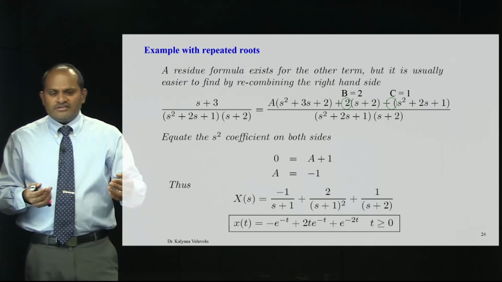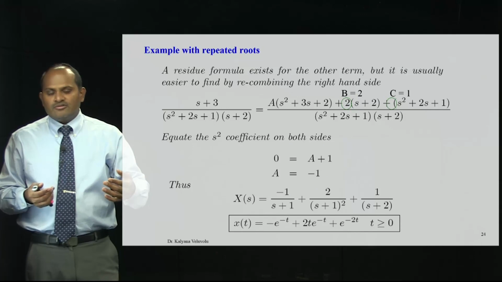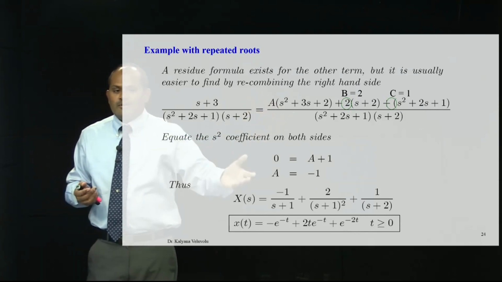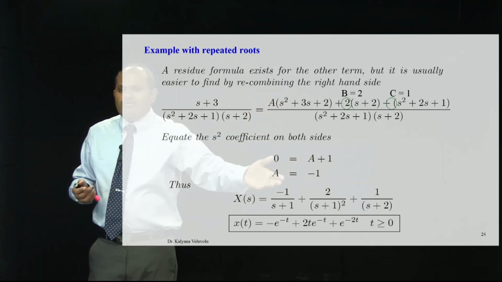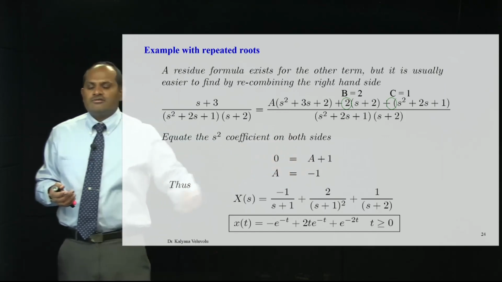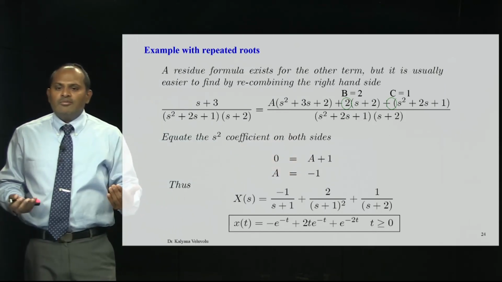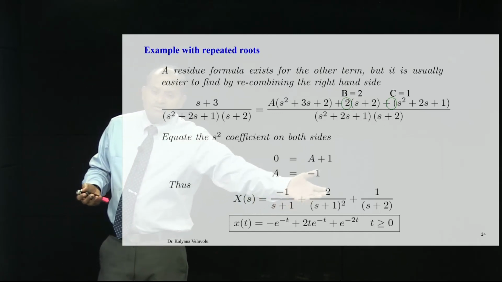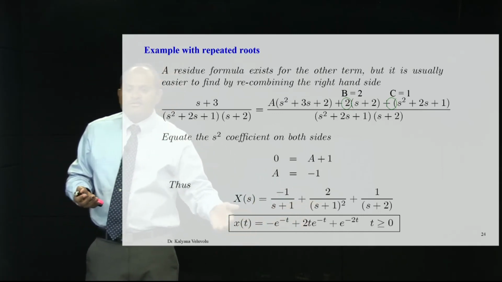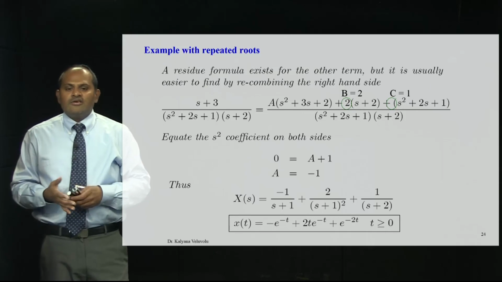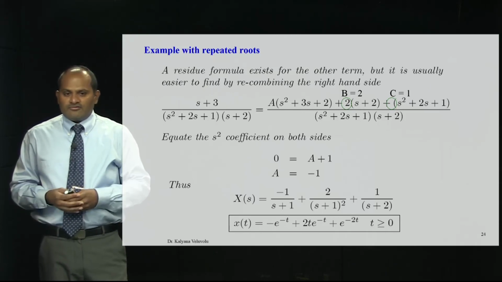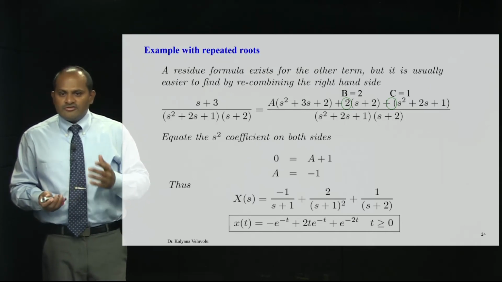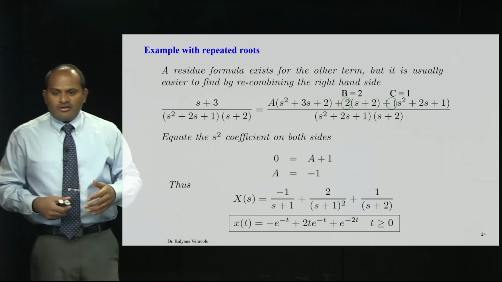Look at all three conditions and see which category the roots belong to, and then write the partial fraction expansion and find the terms. Once you find the terms, converting into the time domain is very easy. Just looking at the terms, you can directly write the expression in the time domain, and this solves the problem using the Laplace transform. So, I advise students to practice a lot of problems.